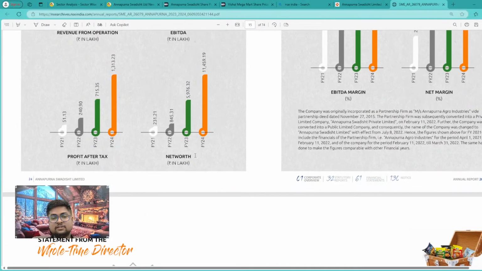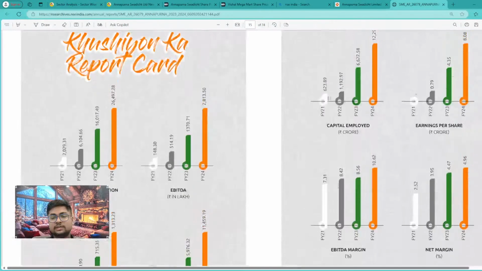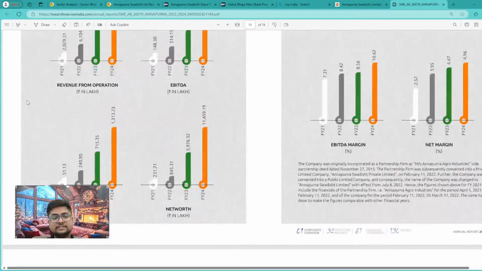Net worth in terms of lakh has gone from 231.21 to 11,459 lakh. The profitability has also increased from 51 lakh to 1313.23 lakh. So everything is increasing.